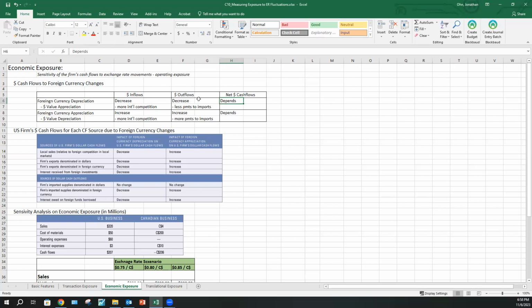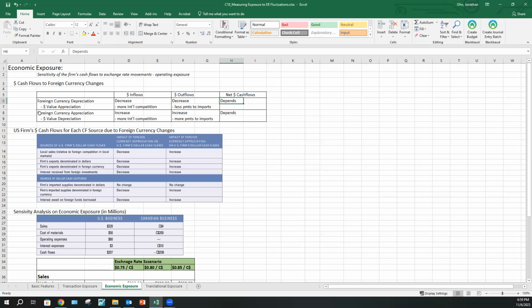So import is much higher, by about $1 trillion. So the decrease in outflows is larger than the decrease in inflows, which means the payment decreases. In the US case, the net could be a little bit positive.